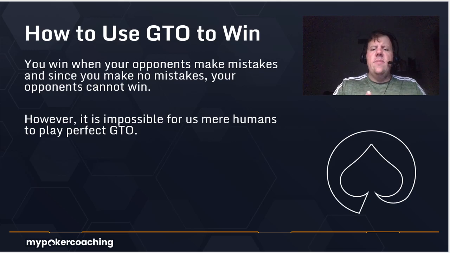So we're studying these computer outputs, and our goal is to take things away from them that are implementable and easier to understand why the solver is doing it. The question you should always be asking is, why is the computer doing this? What are they trying to accomplish? And the more you can understand, the easier it will be for you to implement this into your own strategies and game.